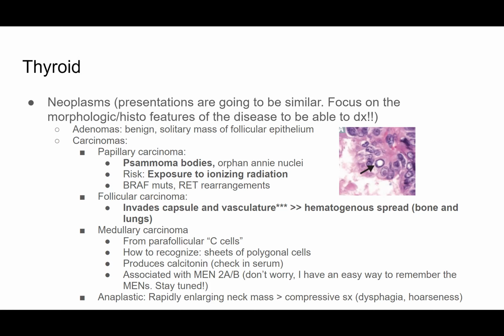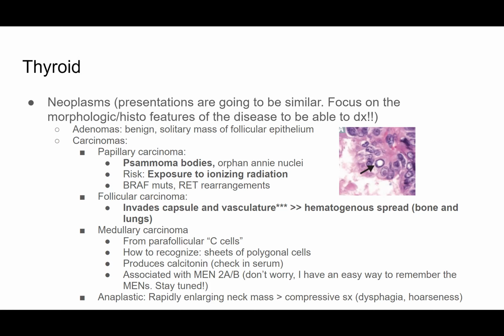Papillary carcinoma: psammoma bodies, Orphan Annie nuclei. The biggest thing for papillary carcinoma, risk exposure to ionizing radiation. This is a huge risk factor for papillary carcinoma. So if a patient has a history of ionizing radiation, focus in on that.